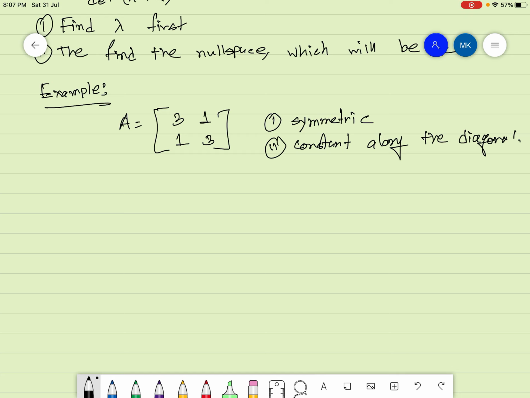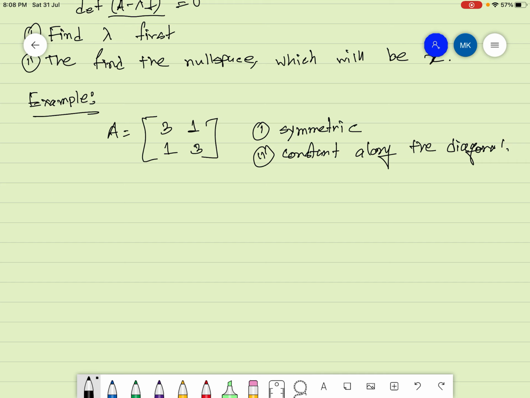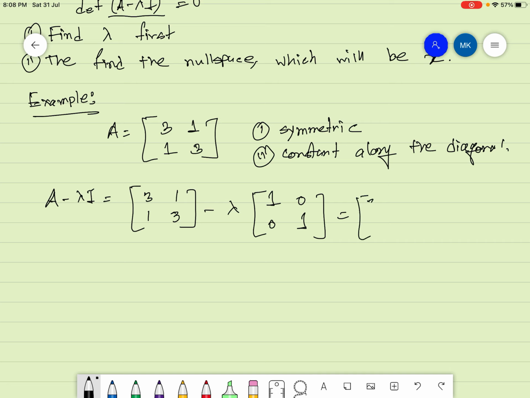So what was our first thing to do? We have to get this matrix A minus lambda I. So A minus lambda I is basically [3 1; 1 3] minus lambda times [1 0; 0 1]. So it should be [3 1; 1 3] minus [lambda 0; 0 lambda].